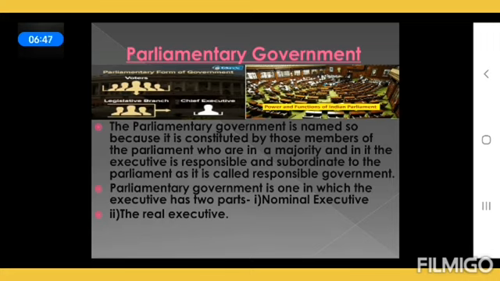Some scholars have described it as the cabinet system of government, because in it the real executive powers are exercised by the cabinet. The real powers are exercised by the cabinet.